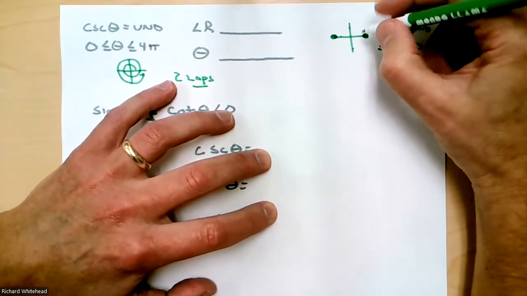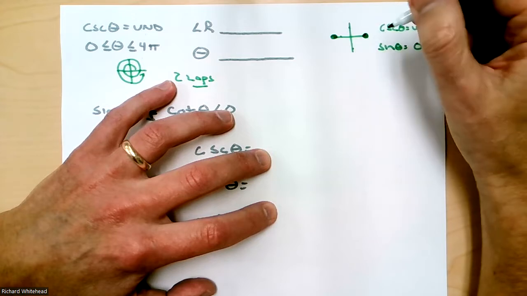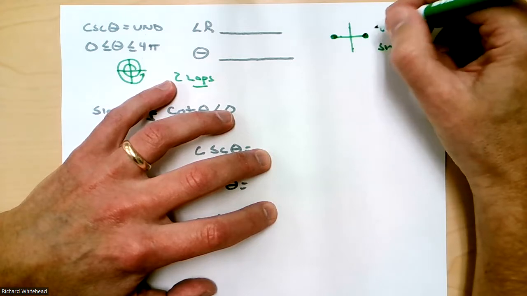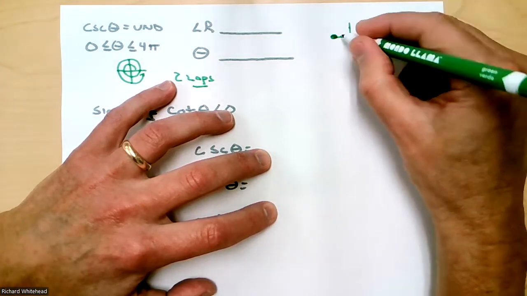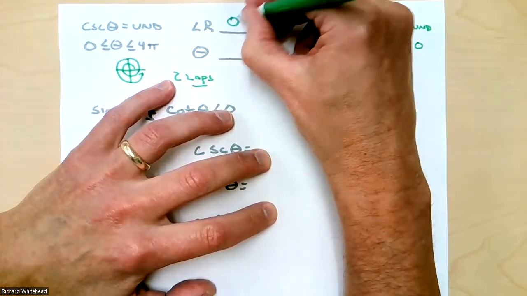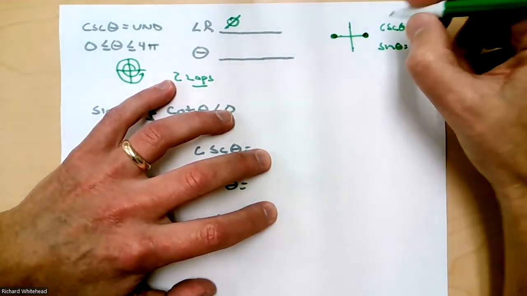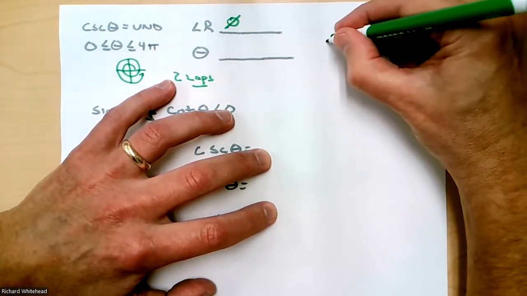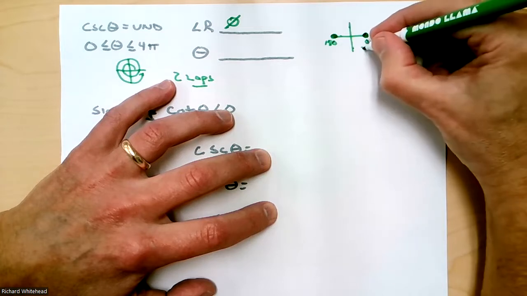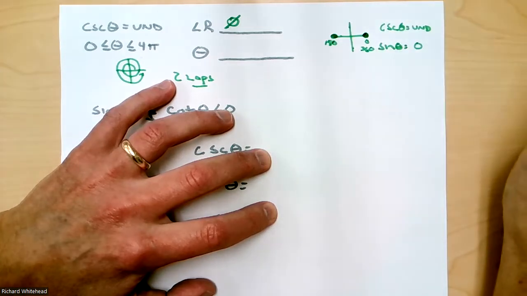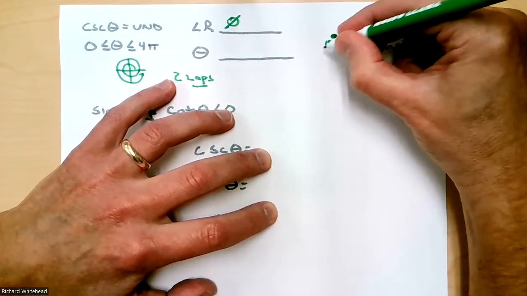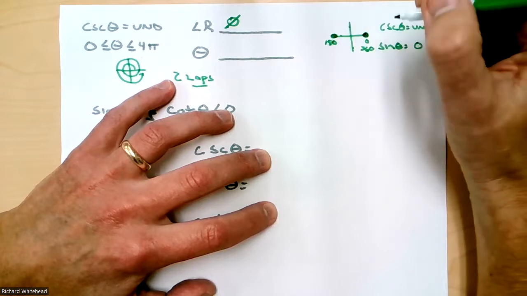So let me see, we're going around the circle. So we've got, oh, and I forgot to write both of them. Oh, so you're on an axis. First thing is, you know you're on an axis, so there's no reference. Second, you're going to say, all right, well, that's 0. That's 180. That's 360. Oh no, but we've got to go 2 laps. So what is that? 540.